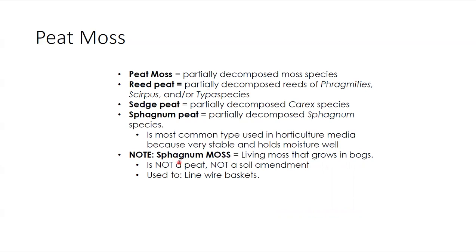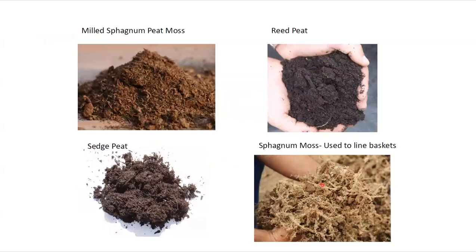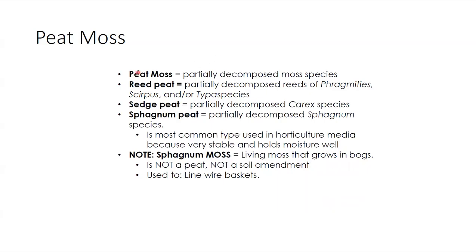Now, there is sphagnum moss out there. Don't confuse sphagnum moss with an organic media material. So this right here is sphagnum moss. What sphagnum moss is really used for in the horticultural industry is to line wire baskets or for some other things.